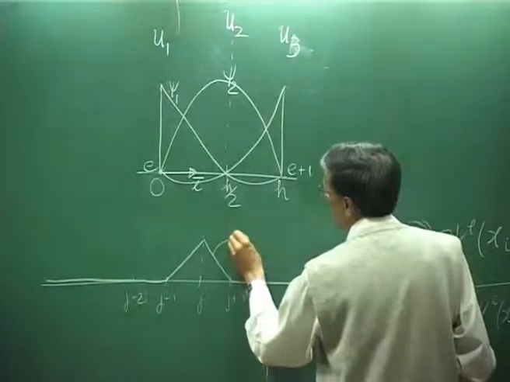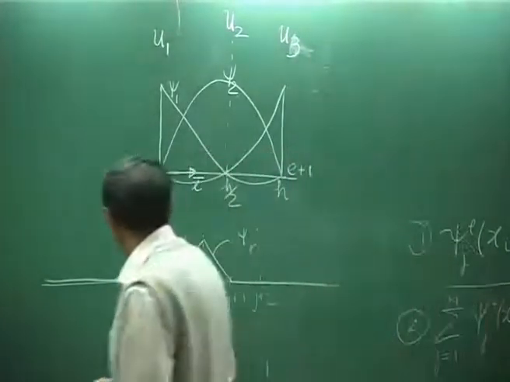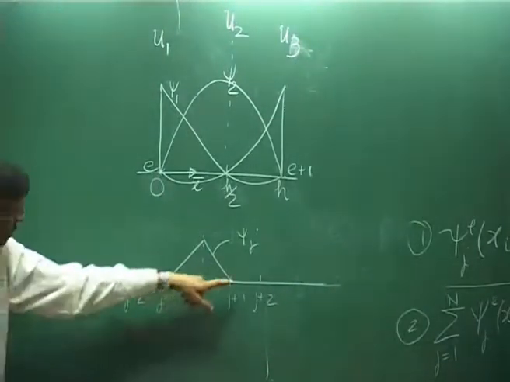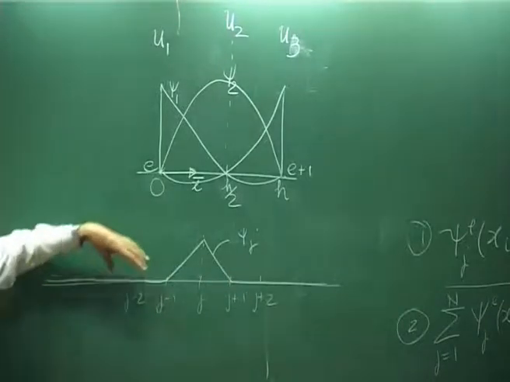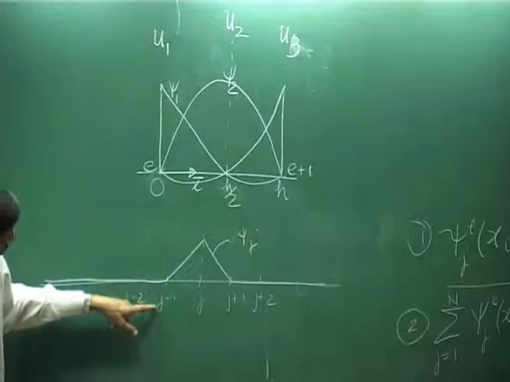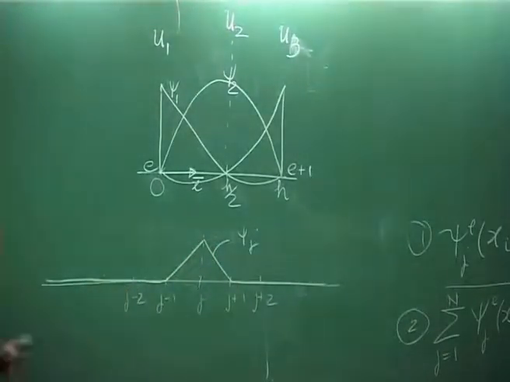This is my psi j in a global system. Okay, this will be my psi j. So it will be 1 when x equal to x j, and everywhere else it is 0. It's only that in between these two nodes, j minus 1 to j plus 1, it linearly falls up to 0. That's the property of this. So that's what we have shown.